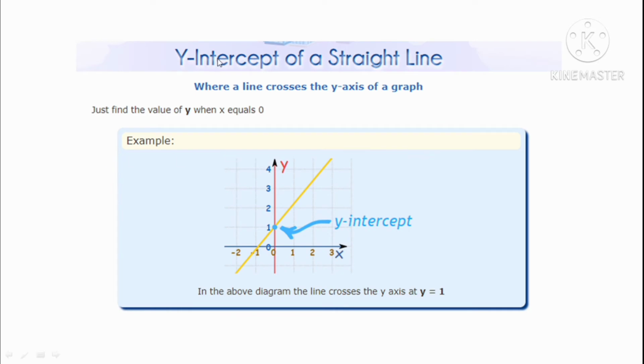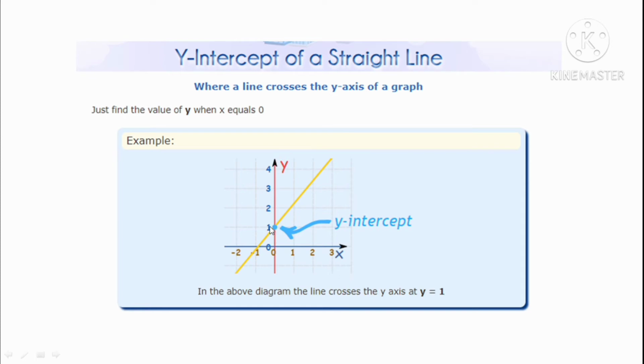So what is the y-intercept of a straight line? It is where a line crosses the y-axis of a graph. Just find the value of y when x equals 0. So we can see here, the straight line crosses the y-axis at y equal to 1.